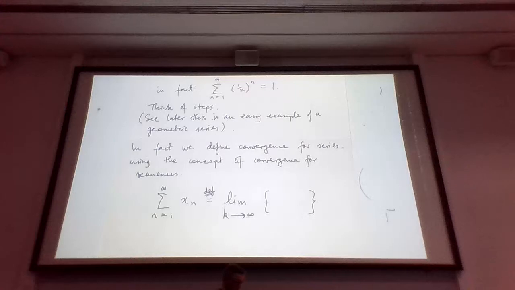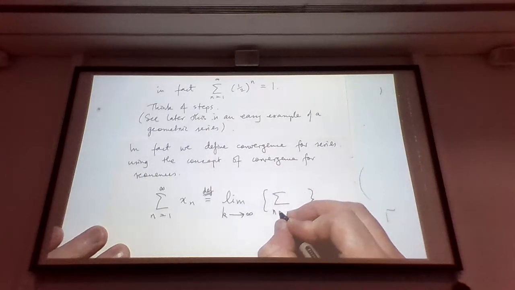Well, you kind of saw it as I was stepping across the floor. The sequence is looking at my intermediate progress towards the edge of the desk at each stage as I take my steps. The infinite series is the distance 1, what I complete when I've done my infinite number of steps. But the sequence you can look at is the sequence of intermediate stages.